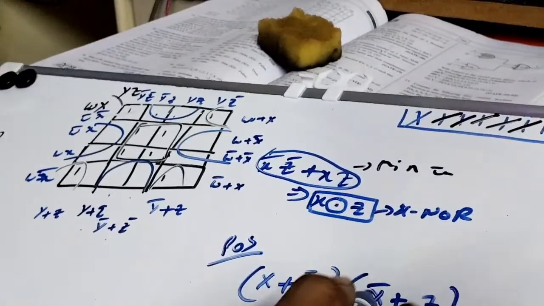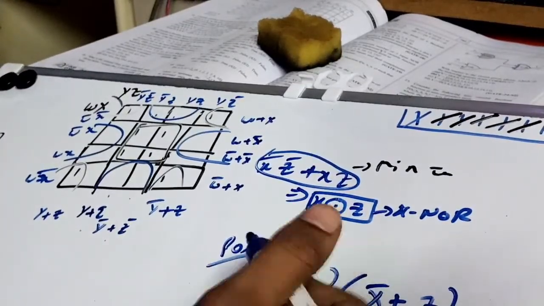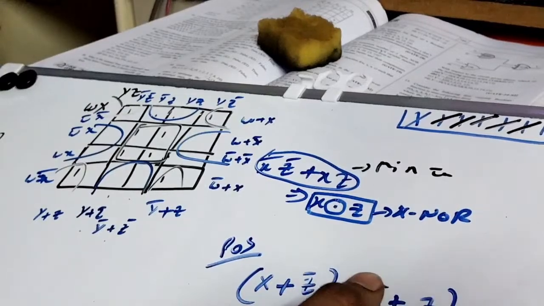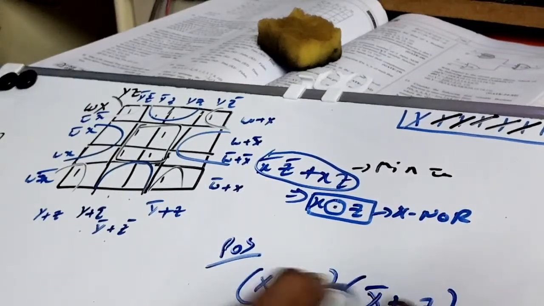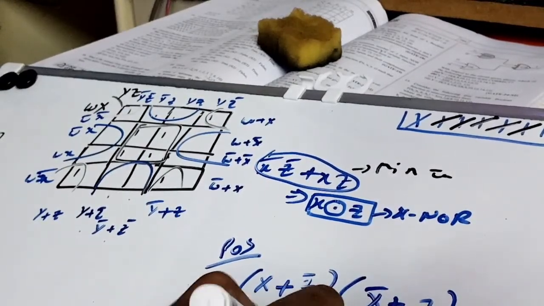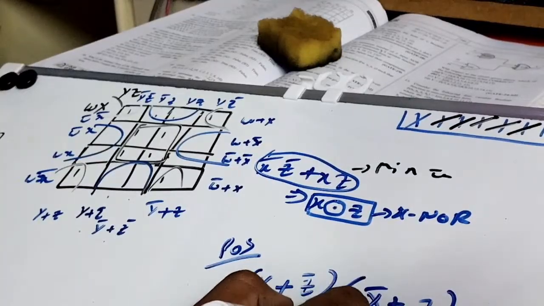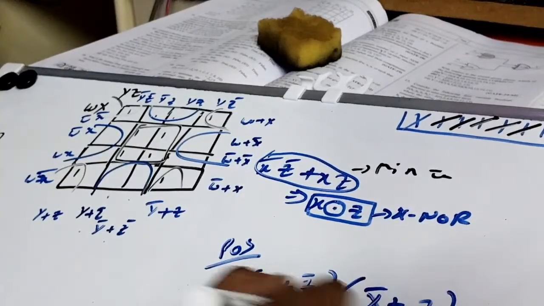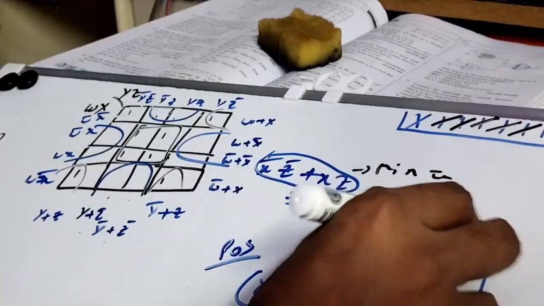What we get: X into X bar is 0. Benefit: X plus X bar Z bar. Okay, it is same as this.